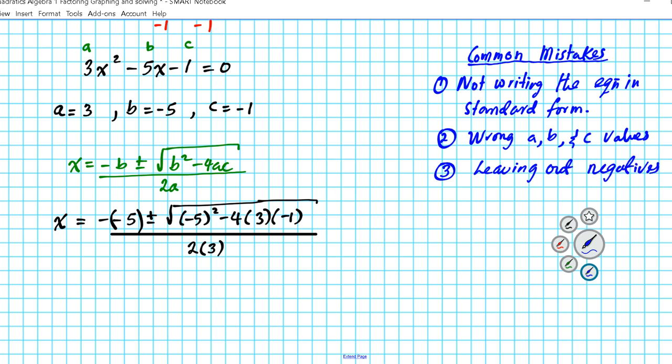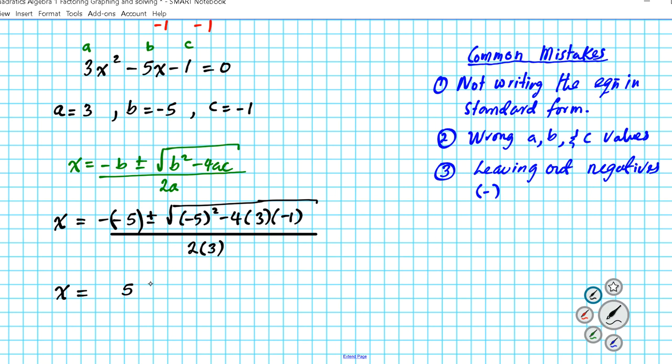To help us avoid making that mistake, you want to always use parentheses for your substitution, especially when substituting negative numbers like b and c, which are both negative. Let's proceed. So x is going to become, now I'll simplify this, minus times minus is plus 5, plus or minus the square root of, now what is negative 5 squared?